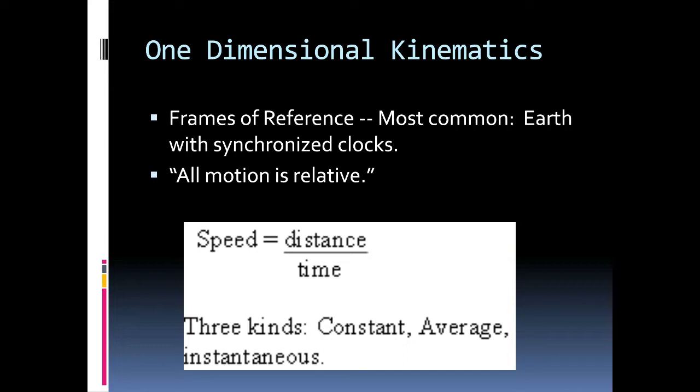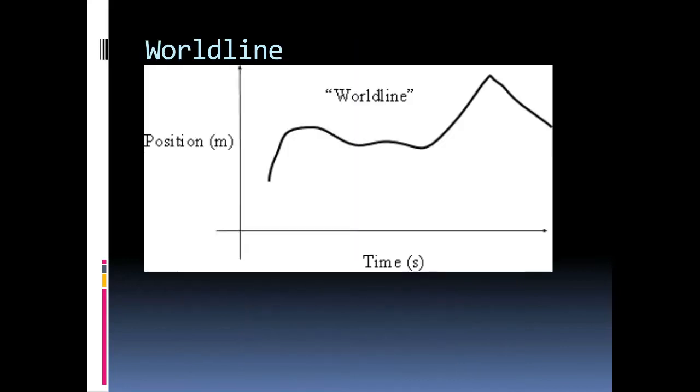Now, speed is the first physics model you're going to learn, and you already know it from driving. It's what you are familiar with, the speedometer in your car. Your speedometer will measure your instantaneous speed. We're going to calculate averages for the most part, but you can have constant speed, averages, and instantaneous. We're also going to be graphing this information on what are called position time graphs.